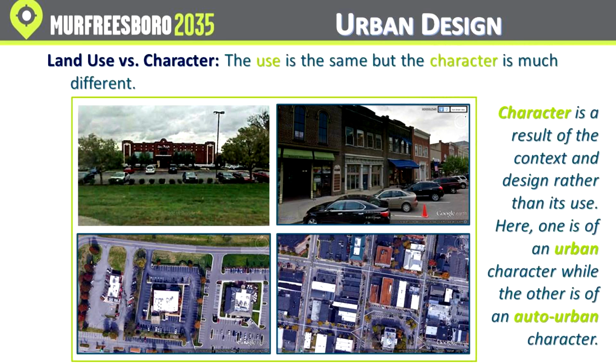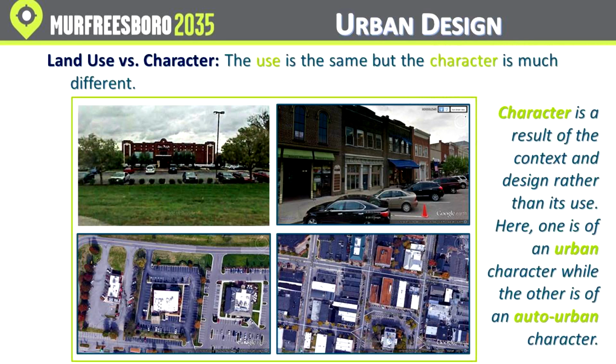So this is a good example of the difference between land use and character. Here we have two restaurants, so the land use is essentially the same, but the character is much different. The restaurant to the left is out on Medical Center Boulevard. It's more what we would call auto-urban general commercial.